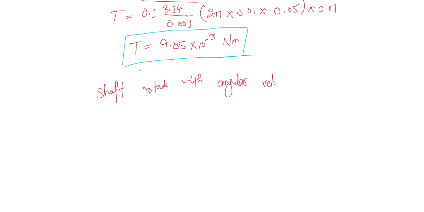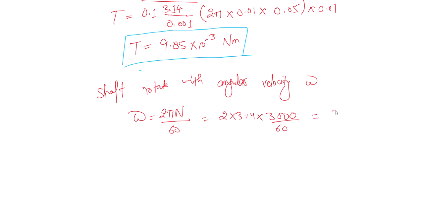So omega is equal to 2 pi N by 60, where N is the rotational speed, which is 2 into 3.14 into 3000 divided by 60, so it is 314 rad per second.